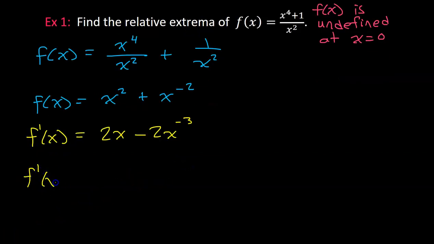So f prime of x is going to equal 2x minus 2 over x to the third power. I really need to combine this all into one fraction, so let me think. We need a like denominator of x to the third power. So I'm going to have to multiply the numerator and the denominator by x to the third power so that I can make that happen.